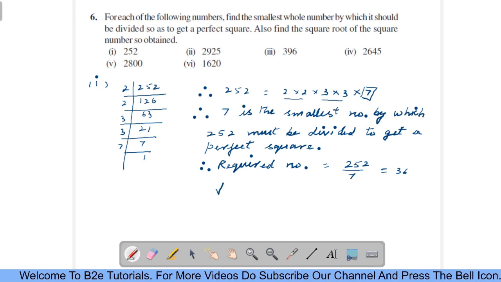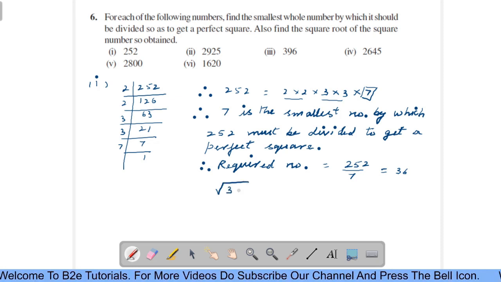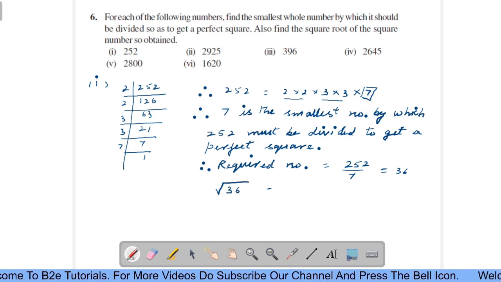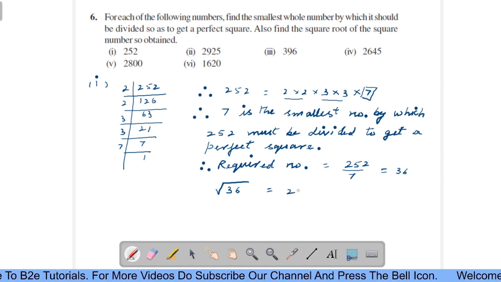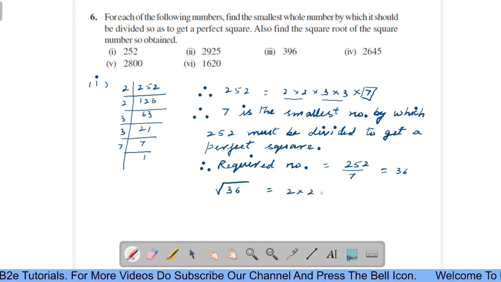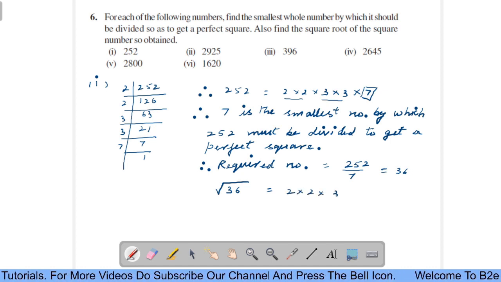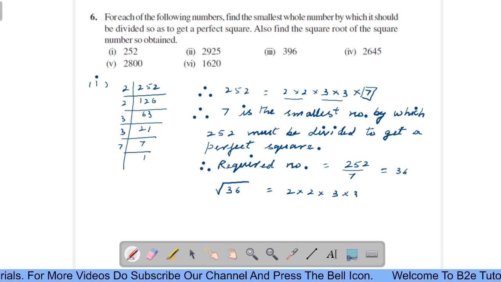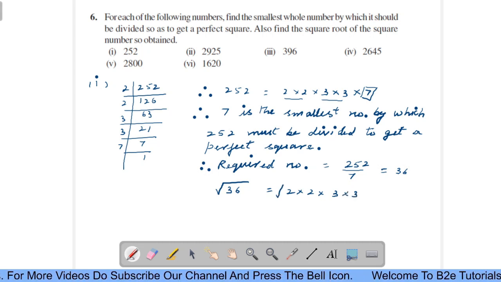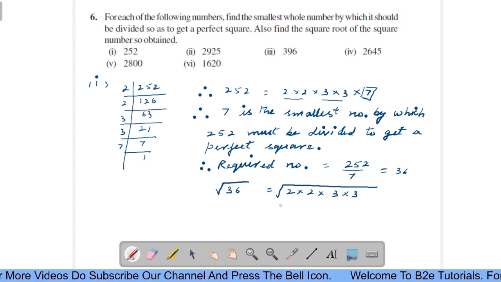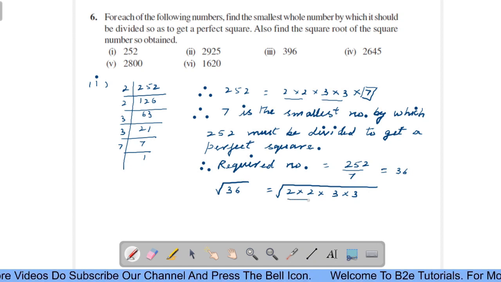The square root of 36 equal to 2 into 2 into 3 into 3. Here make pairs of 2.